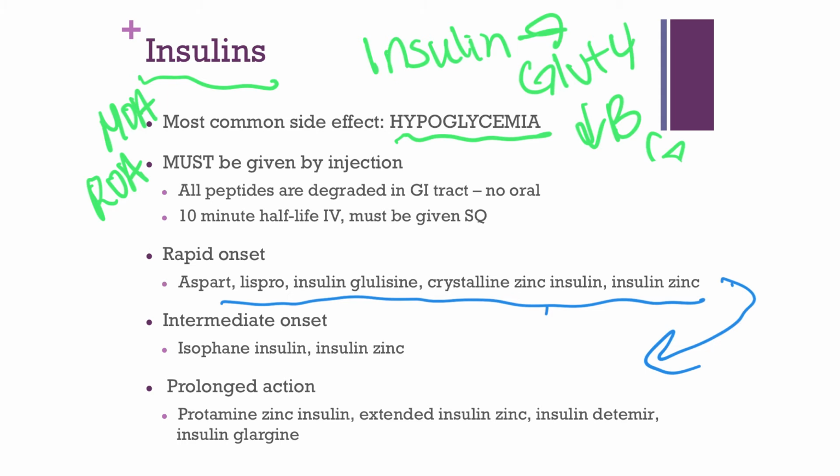It's used for more intermediate, not even a full day, but maybe up to a full day control of blood sugar, with maybe a little bit of use of an immediate onset. And then there are prolonged action insulins that work long-term to establish a set blood sugar.